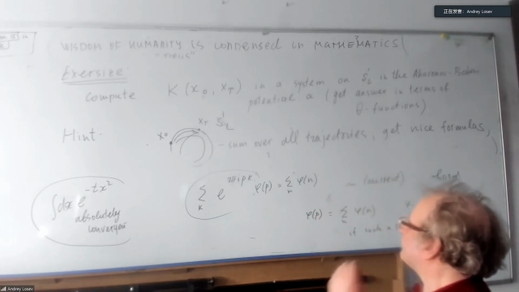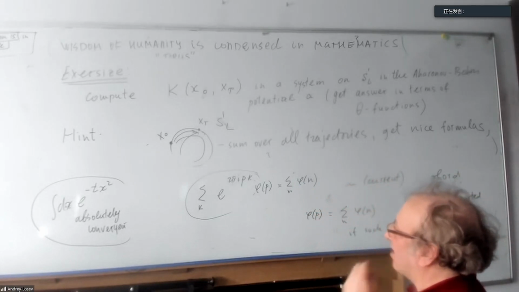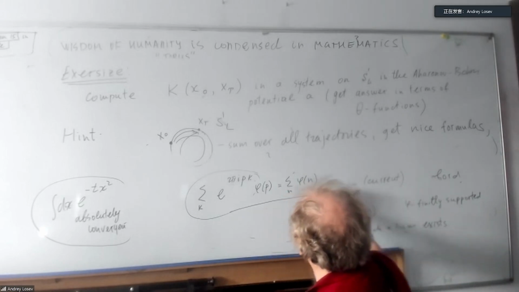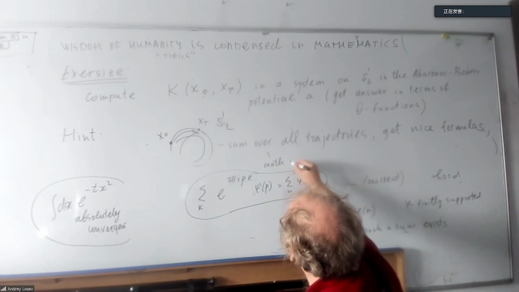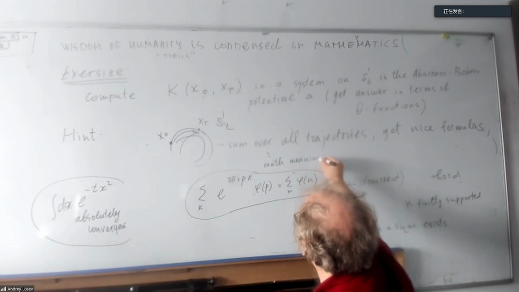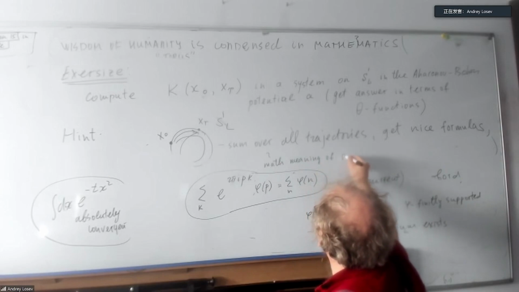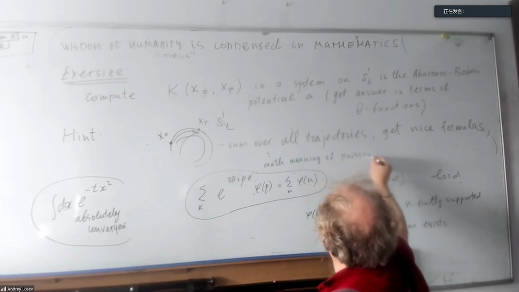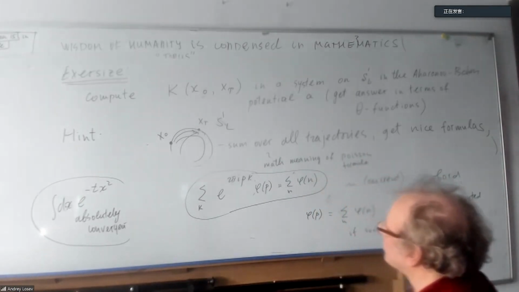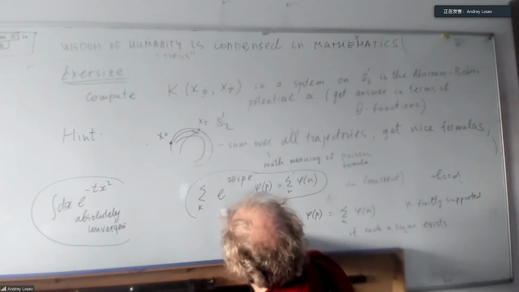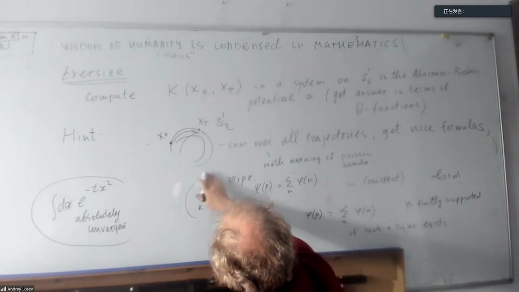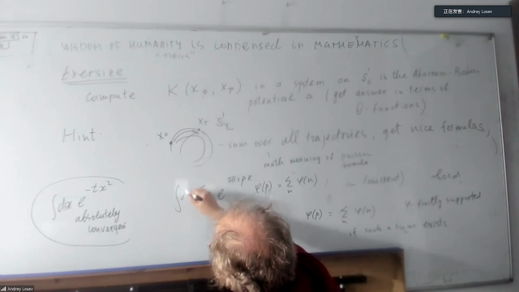So this is the mathematical meaning of the Poisson formula. Sorry, and here I need to put the integral over dp.